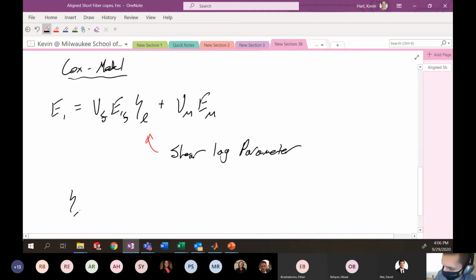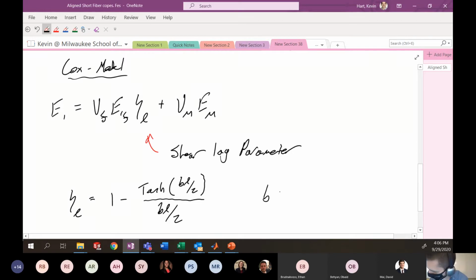We said here that eta L is equal to 1 minus the hyperbolic tangent of BL on 2, divided by BL on 2, where this B term is also a little bit complicated.